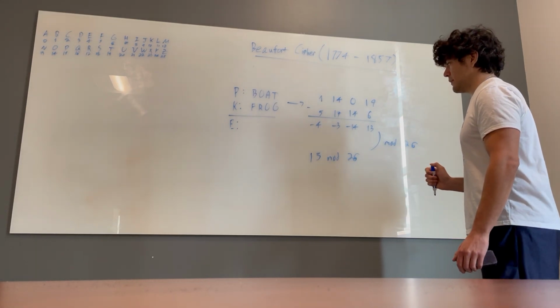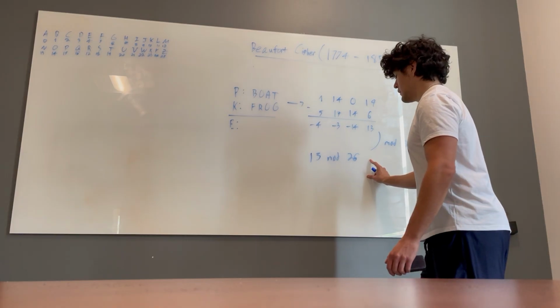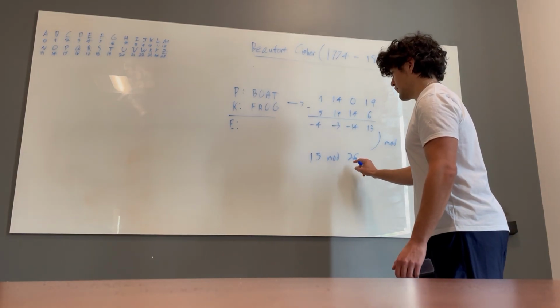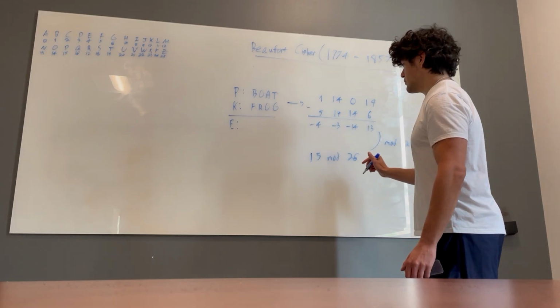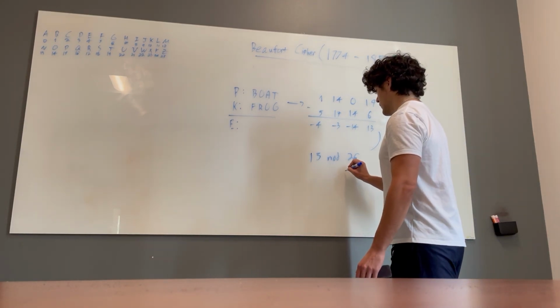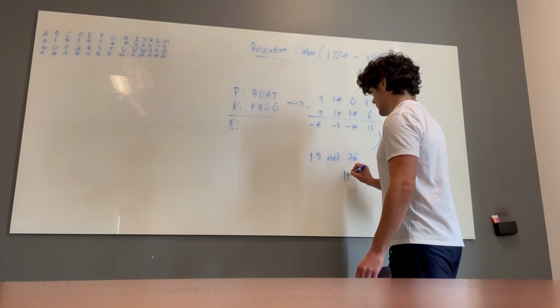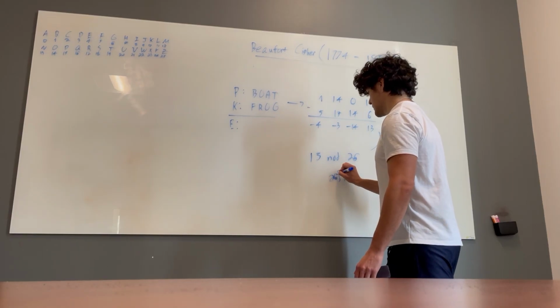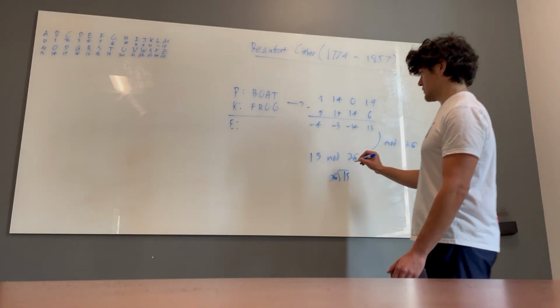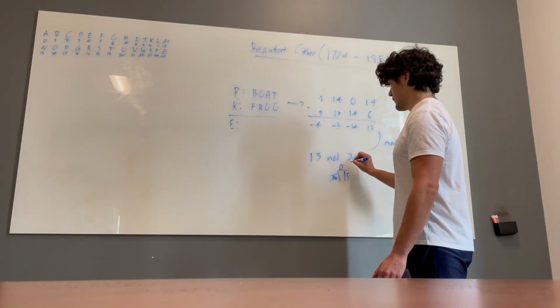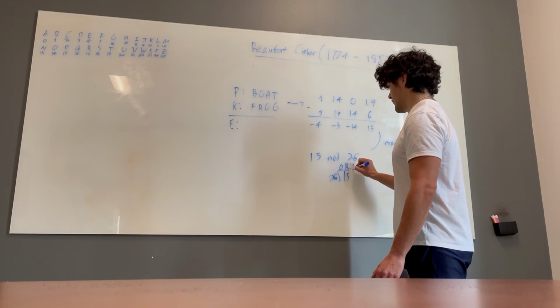If we think about this, we're asking for the remainder when we do 15 divided by 26. 26 goes in 0 times with remainder 15.